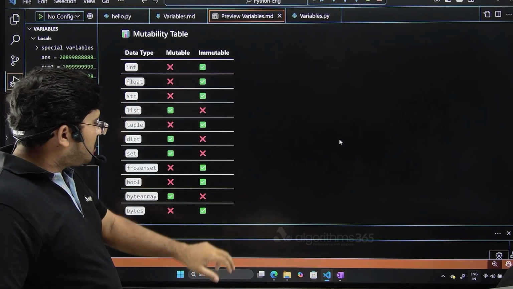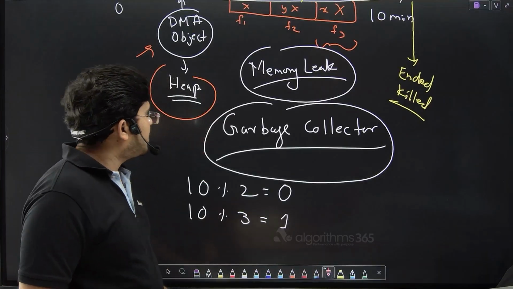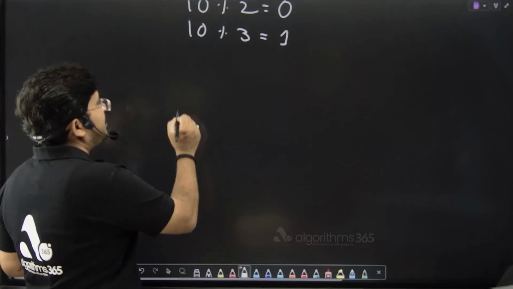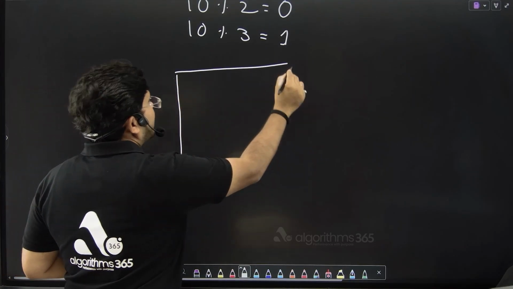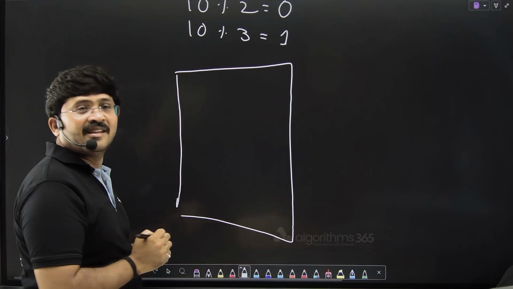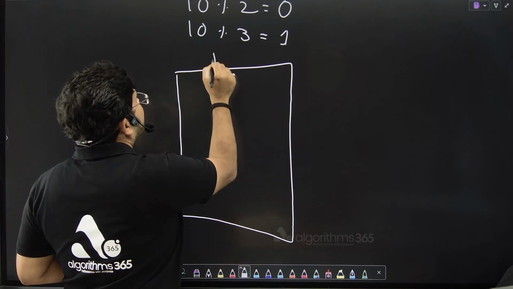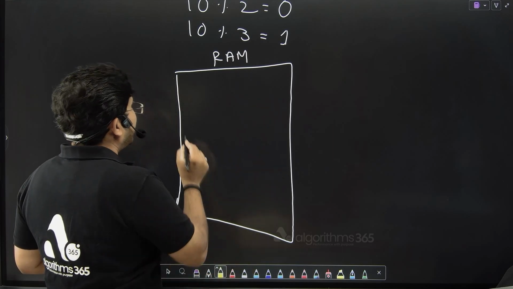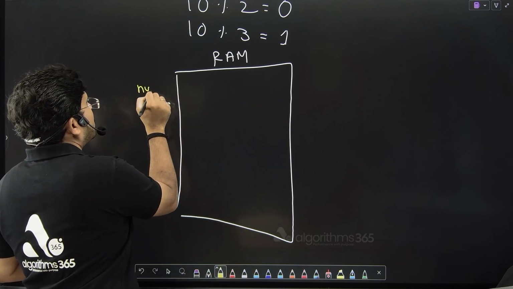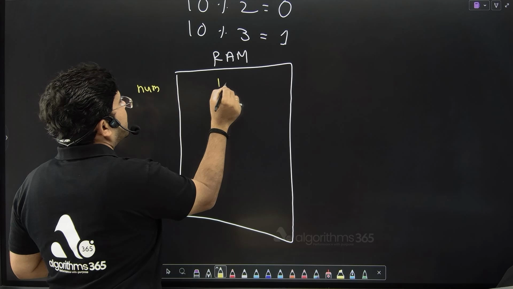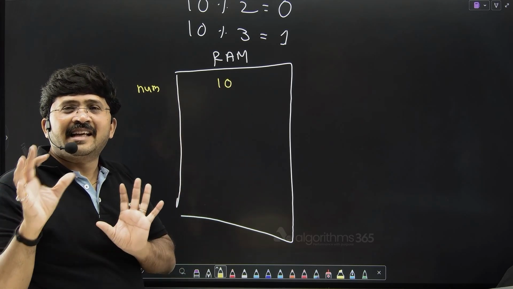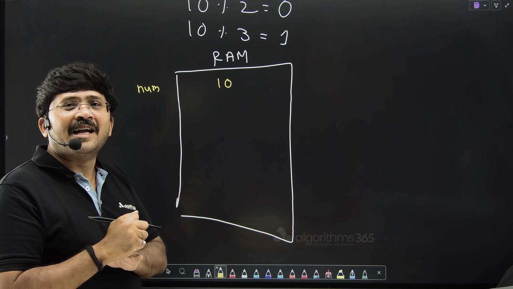So there is a concept of mutable and immutable. This may sound very weird, and you will feel, oh my god, Python is so not efficient at all. Let's say you declared a variable called number and you stored value 10. In any other languages like say C, C++, Java, what happens?